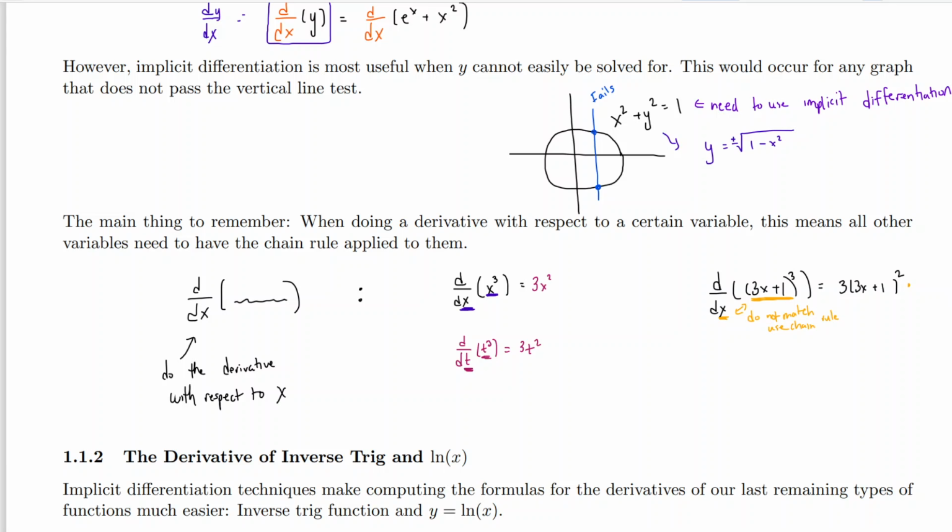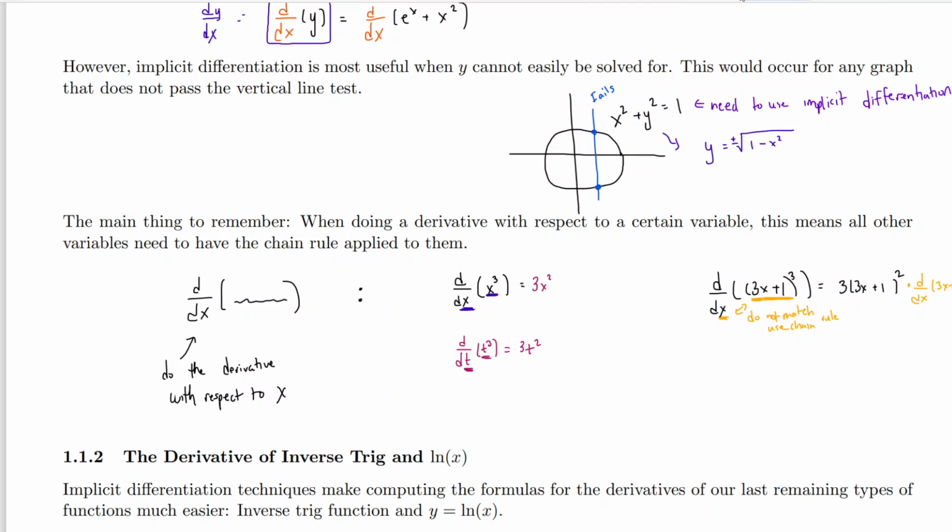Now, I'm not going to actually write down what the derivative of this is. We know it's 3, but I'm just going to write down the formula. d over dx of 3x plus 1. Right? So that would be exactly what the chain rule says. Because these do not match, we have to multiply by the derivative of the inside. Otherwise, it looks a lot like our power rule.